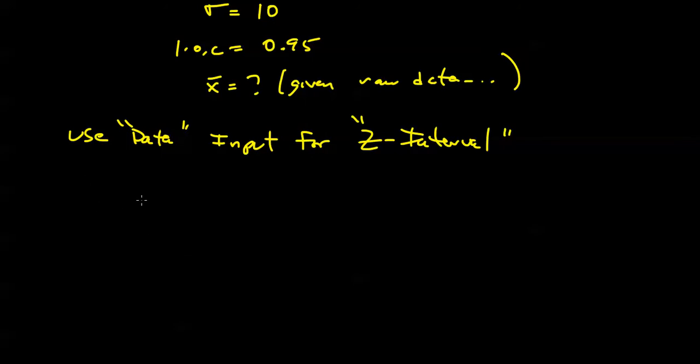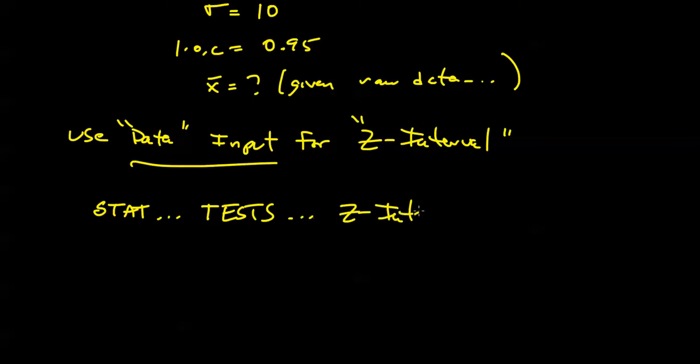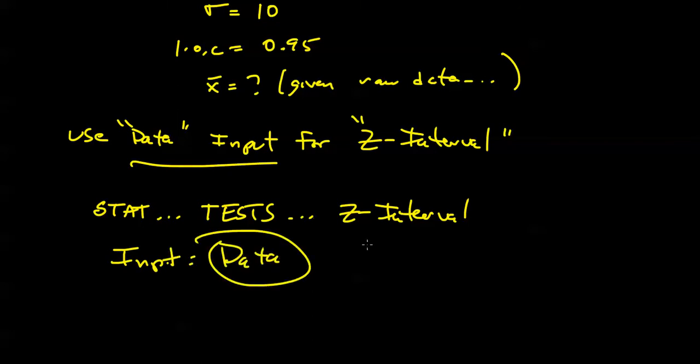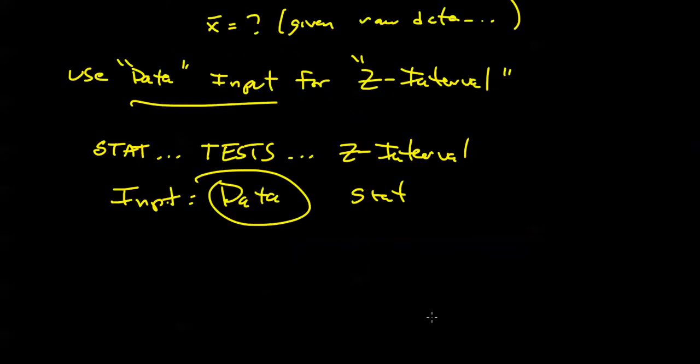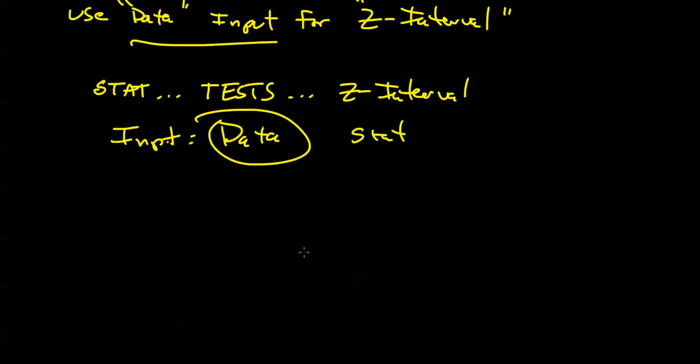Let's get an overview of what the data input mode looks like before we actually put the data in. Let's take a look. Press on your calculator stat, then tests, then of course z interval. Alright, the first thing the calculator prompts you for is your input mode, and I would like us to highlight and select data because we're going to be inputting raw data here, as stated in the problem.